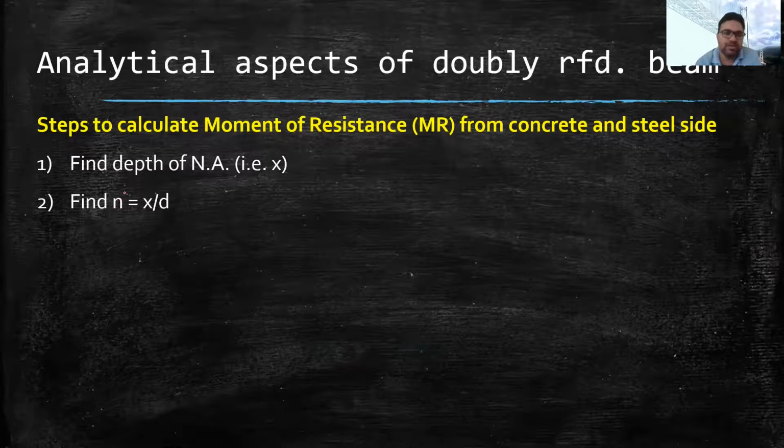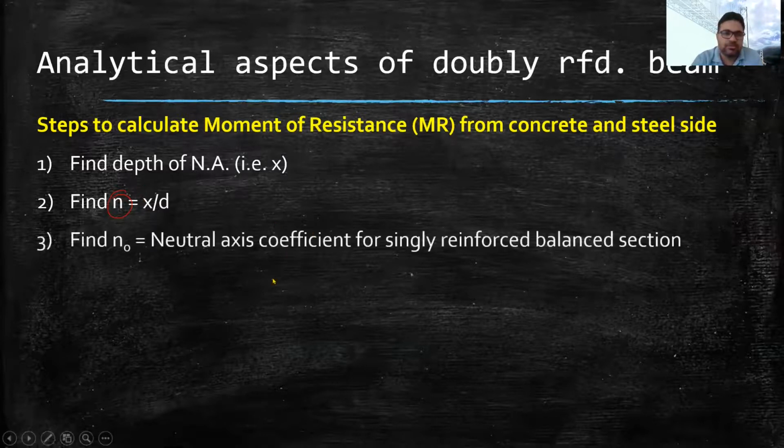So we find either n or x value, and then we compare this with the XCR value. This n naught belongs to XCR. XCR is basically n naught into d. Similarly, x is to be calculated.